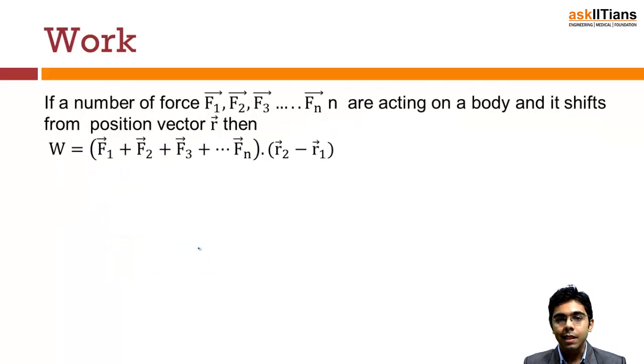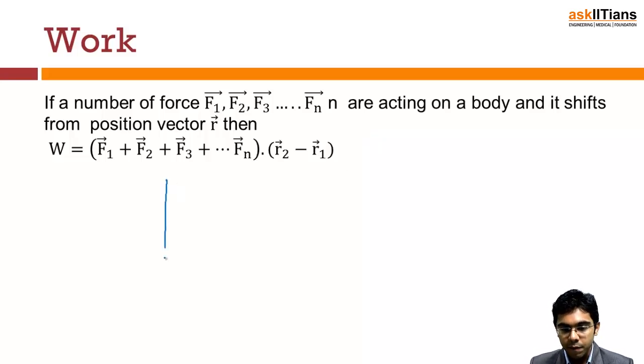Now let's see what happens if there are many forces, let's say n forces, simultaneously acting on the body. The body is displaced from position R1 to R2. Its initial position vector is R1 and the final position vector is R2.